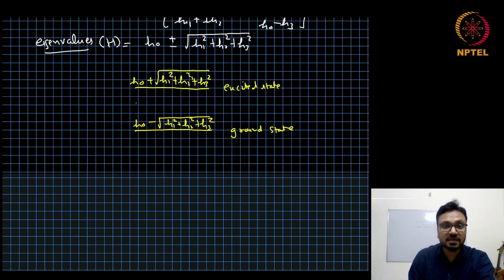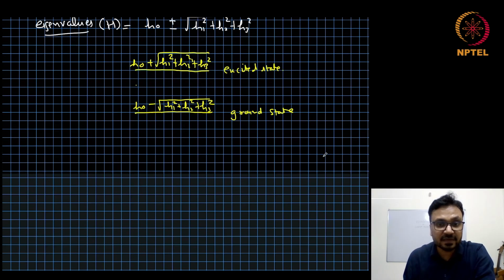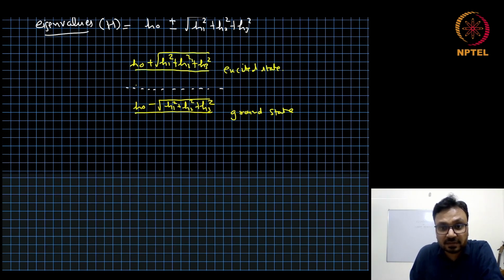So we can shift the energy of the whole system in such a way that zero comes exactly between the two levels, so that this separation and this separation are the same. In that way, we can get rid of h0.